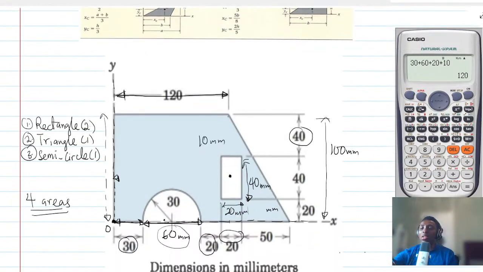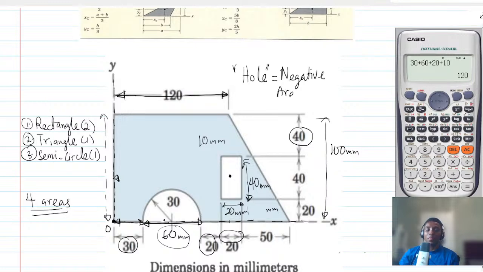But watch this, everyone. Pay attention. Now, the height here is 40. Whenever you have a hole inside, this hole is thought of as a negative area. So bear in mind, whenever you have a hole, it is always a negative area.